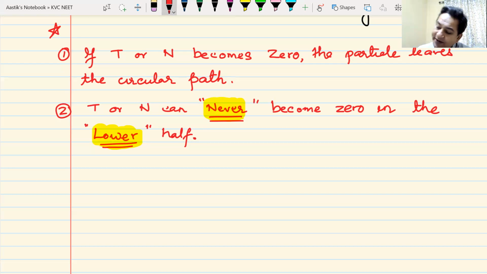Tension or normal reaction can never become zero unless the string breaks, which is not going to happen, or this circular path breaks. T and N can never become zero.